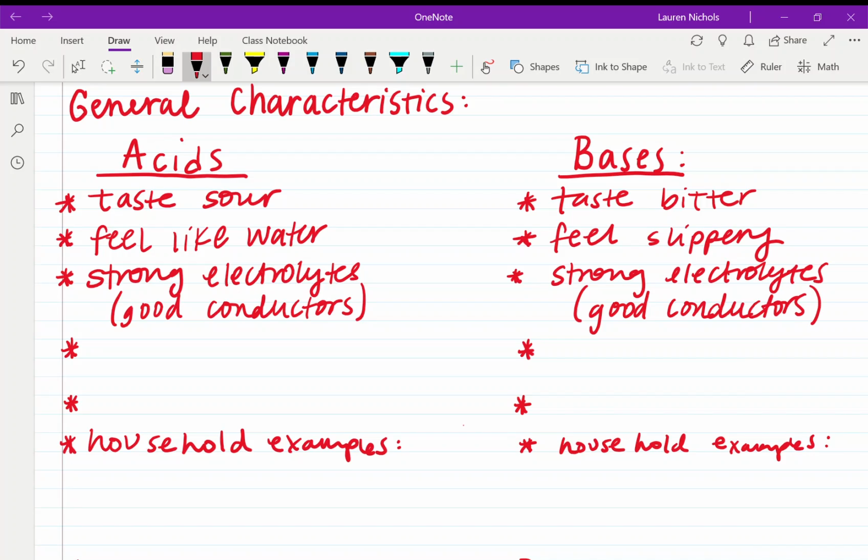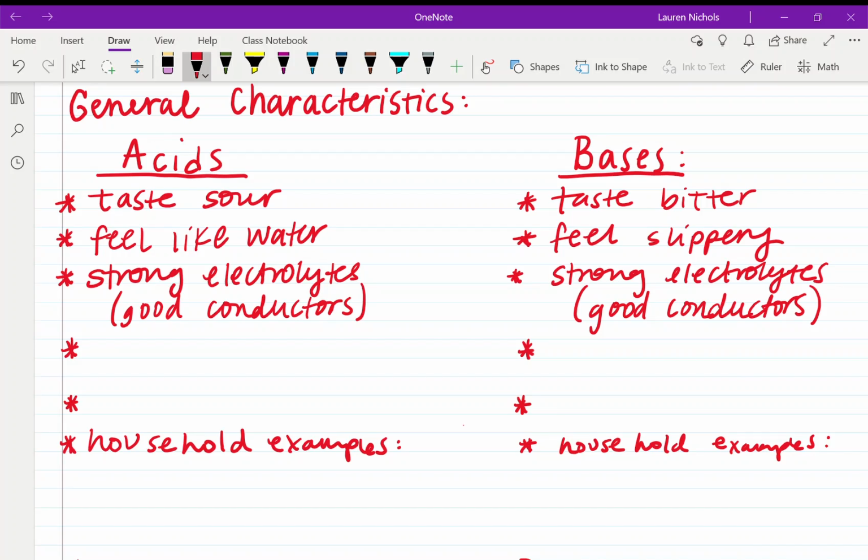This also means that the light bulb in a conductivity meter is going to turn on in an acid or a base. So that's a good way, not of really telling that it's specifically an acid or a base, because any ionic compound will do that, but it is just something to note that they're both good conductors.